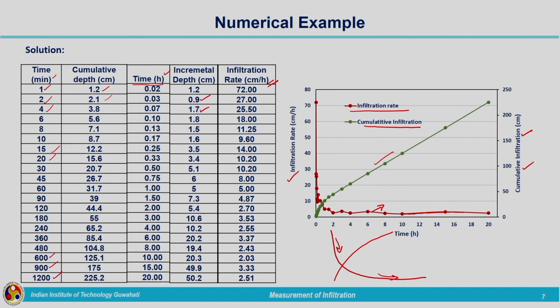So, the gap between the time intervals is increasing, because there is not much change taking place in the value corresponding to the drop. At that time almost the soil is becoming saturated, or the rate with which the infiltration is taking place will be lowered.